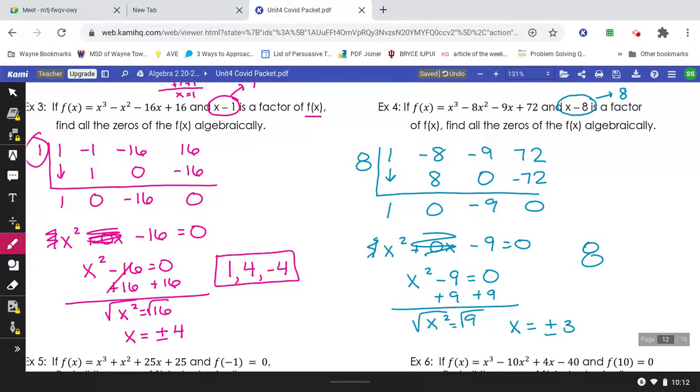So our final list of answers is the 8 from the very beginning, as well as the positive 3 and the negative 3. Those are my zeros.